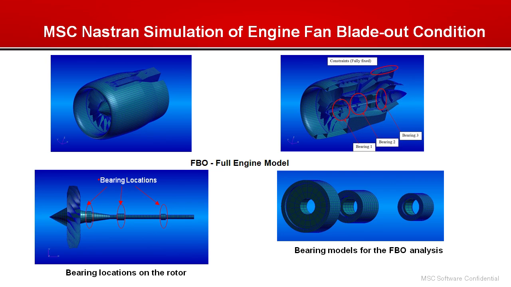In the fan blade out example, our engine model has a few thousand elements that include the fan blades, the shaft, the bearing models, and the containment structure.